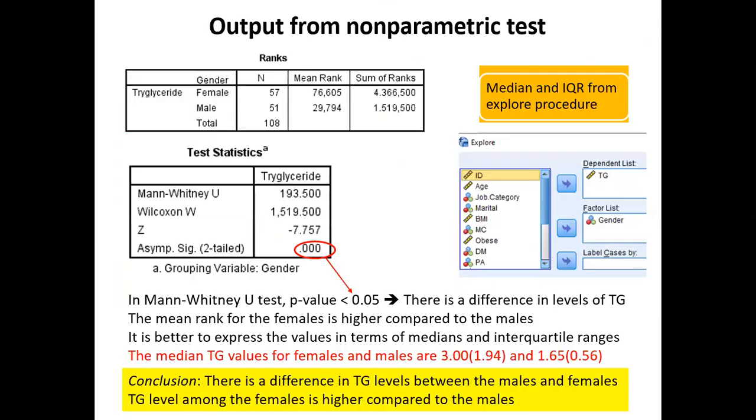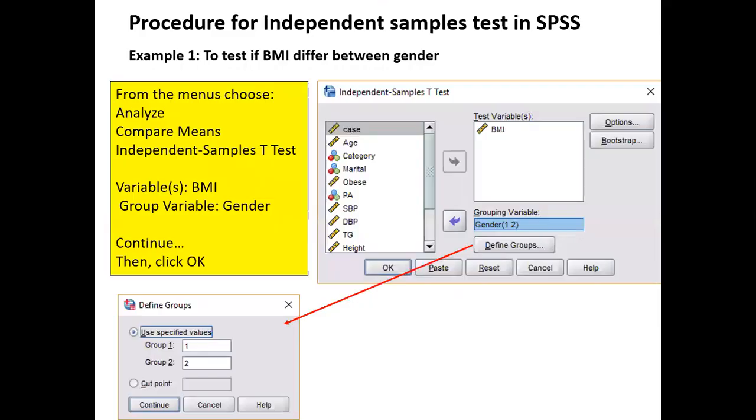Let's see the example. Example 1. What do you want to know? What's the objective? To test if BMI differs between genders. What will be the null hypothesis? The means are equal. The alternative hypothesis: the means are not equal, right?